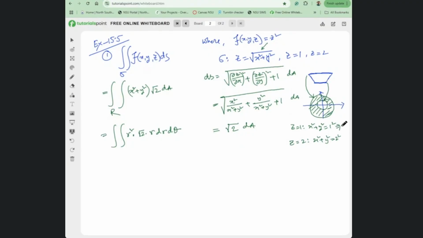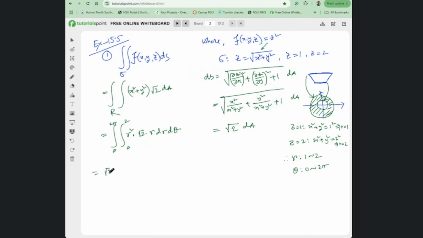So this indicates r equals 1, and this indicates r equals 2. Therefore r ranges from 1 to 2, and since this is an annulus region, theta is from 0 to 2 pi.